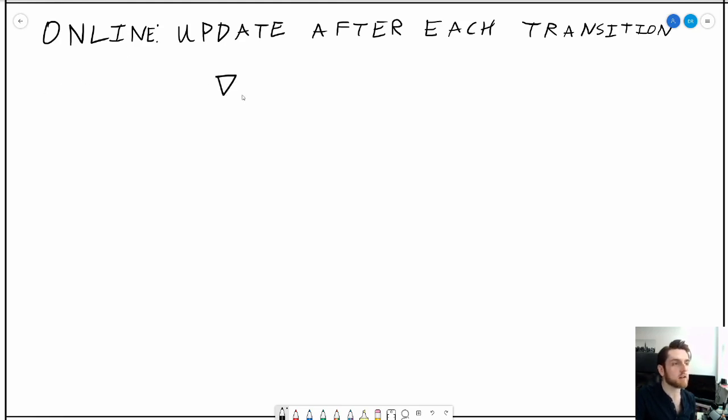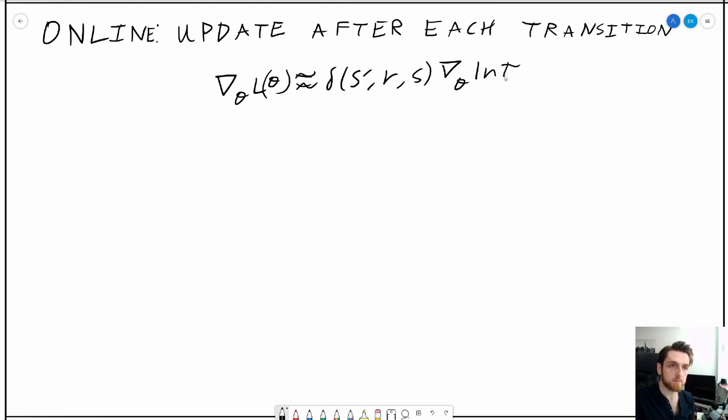So what that looks like is our gradient estimates then simply become, this is the temporal difference calculated using the approximate value function, so the v-psi, multiplying the eligibility for the policy.